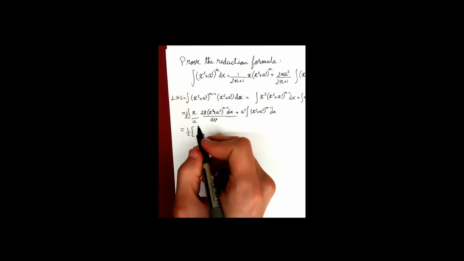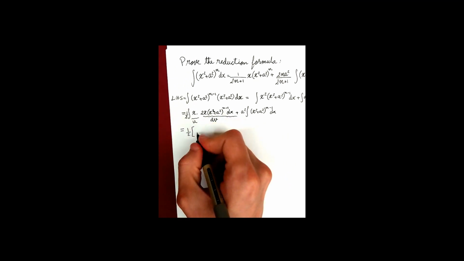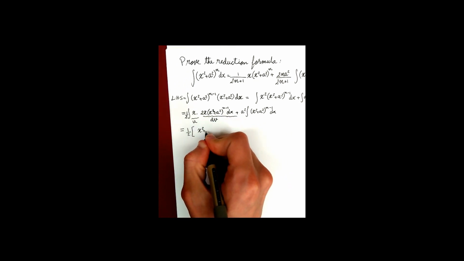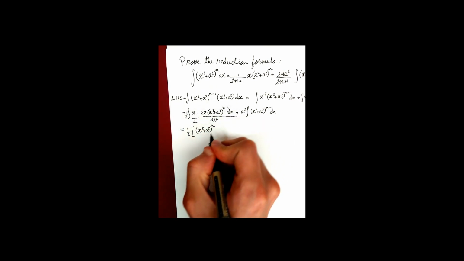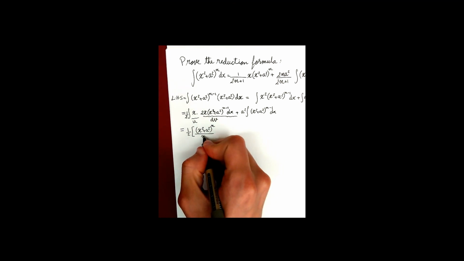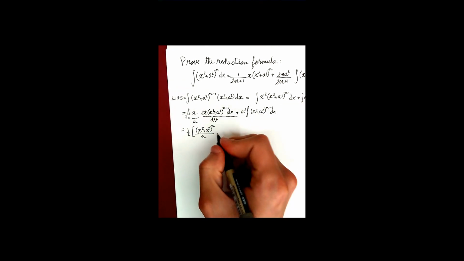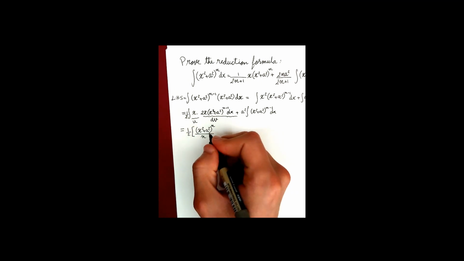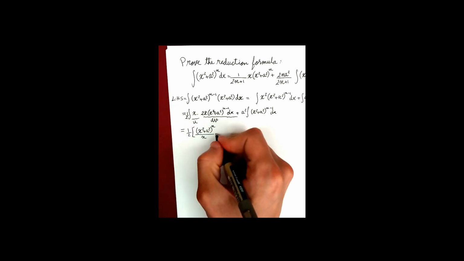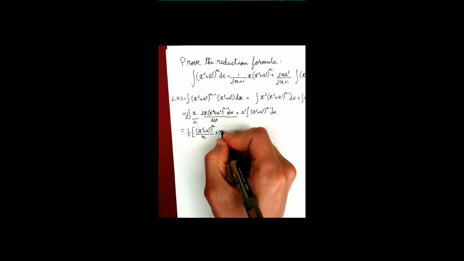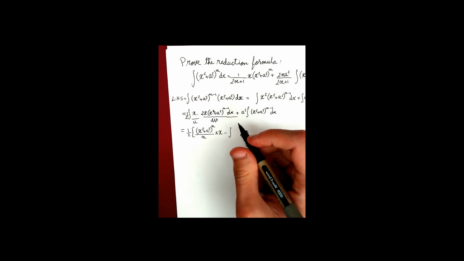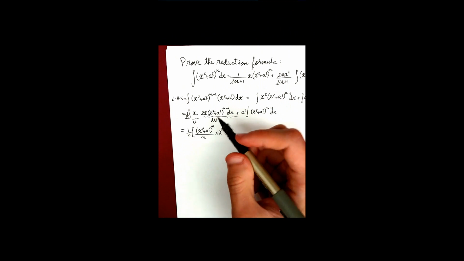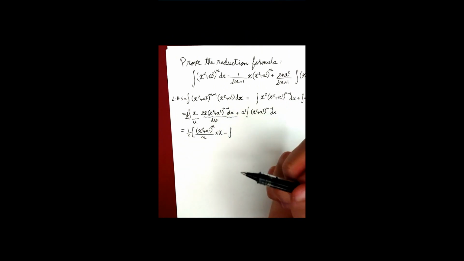Using the integration by parts would be uv, the integration of this, which would be x square plus a square power n over n over the new power. This is the v, so it will be multiplied by x also, which is the u, minus the integral of, you know the rule of integration by parts, that it is uv minus integration v du.